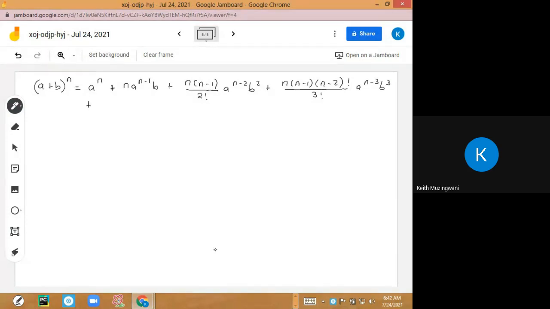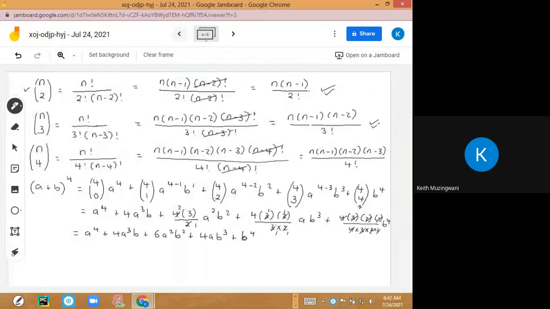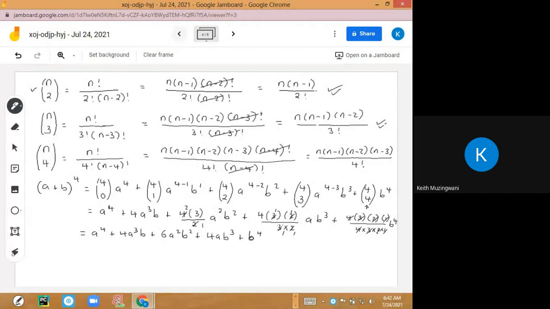So you can keep going in this manner. Since we have calculated the first few terms, you can see that instead of having n choose 2, n choose 3, I can write them in the simplest form calculated here.